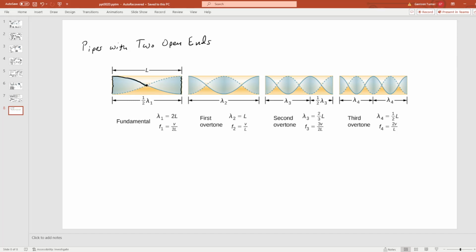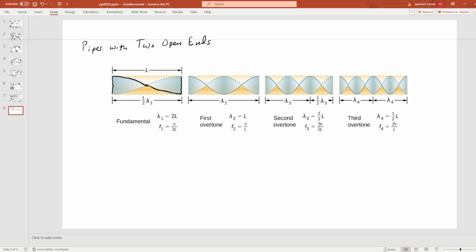this is half of a wavelength, right? Because it would take another, my standing pattern would look something like that, right? For the full wavelength. So this is half of a wavelength, and it is twice the length of the pipe, right?